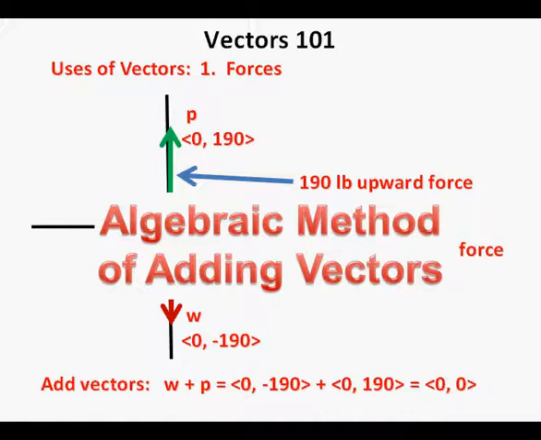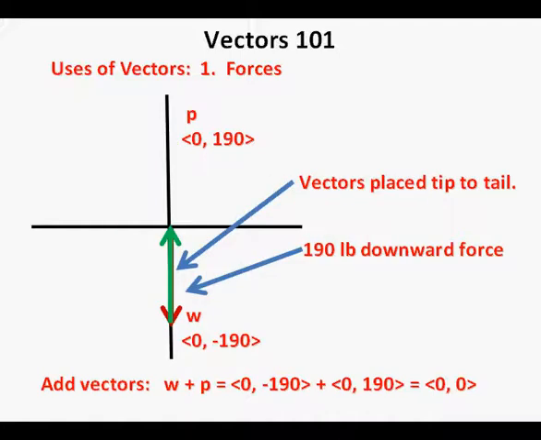Another way we can add vectors is to do so graphically by placing these vectors head to tail or tip to tail. And we see that the net effect is the same, that the sum of these two vectors is a vector described as 0, 0.